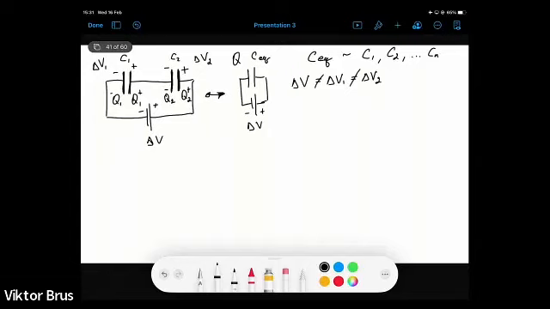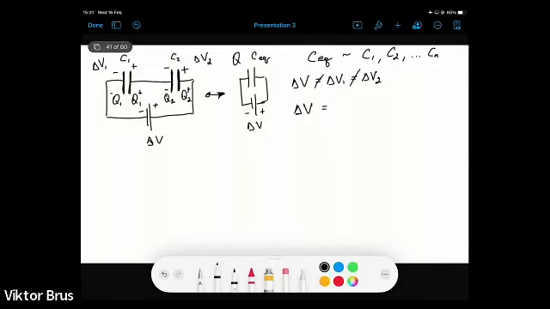We have a series connection, and in contrast to that, we actually need to write that delta V, the potential difference between terminals of the battery, is equal to... any suggestions what it will be equal to, taking into account the series connection?